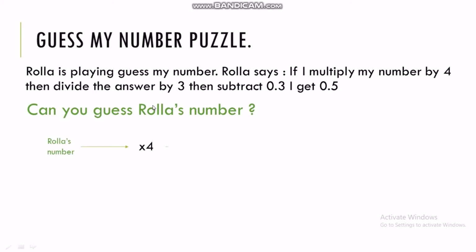She multiplied it by 4. And then she divided the answer by 3. And then she subtracted 0.3. And she got 0.5, right? What we will do is we will do the opposite of Rula's operations, starting from the last thing. She subtracted 0.3, we will add 0.3. She divided by 3, we will multiply by 3.